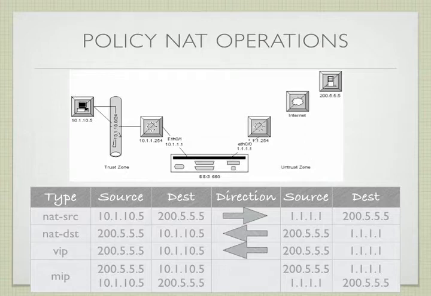And then finally we have our MIP example, and this is bidirectional. So when we configure a MIP and this traffic occurs, the mapped IP address will translate the outbound traffic from 10.1.10.5 to 1.1.1.1, and the inbound traffic from 1.1.1.1 to 10.1.10.5.